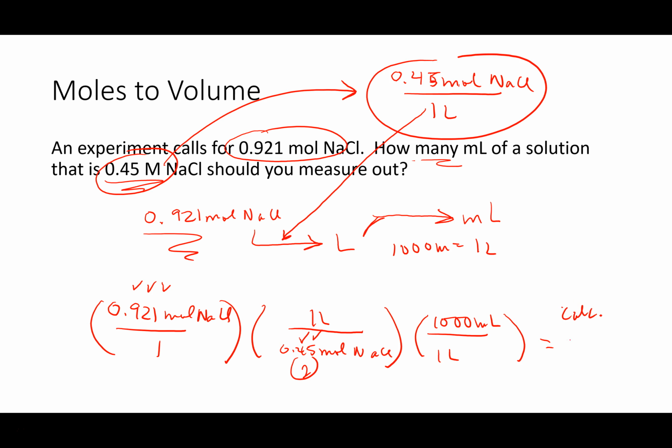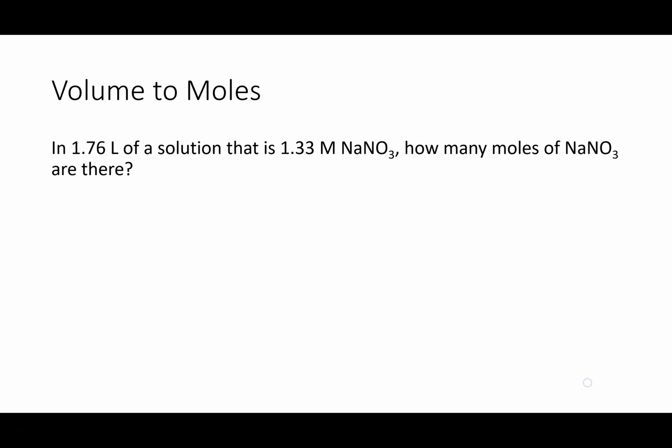So what your calculator displayed, was it 2046666 repeating? Okay, so 2 sig figs, I'm going to have to truncate it right here between the 0 and the 4, right?